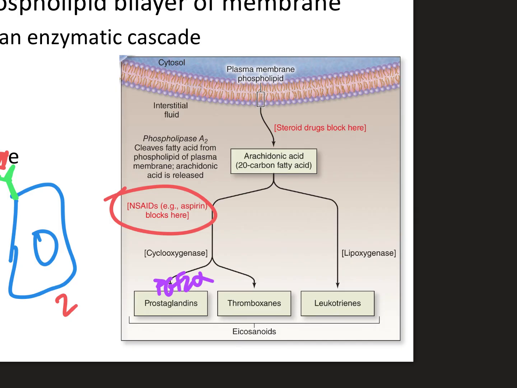Steroid drugs like cortisone are also anti-inflammatories, but they target a different enzyme. They inhibit phospholipase A2, which will prevent that from happening. Either way, that's how we can treat inflammation. We typically do it with the non-steroidal anti-inflammatory drugs. Those are less potent than steroids.